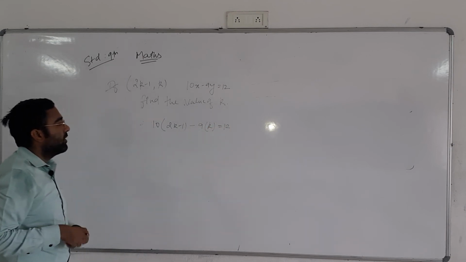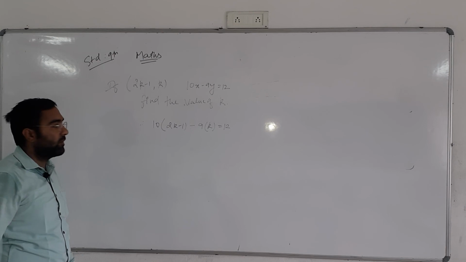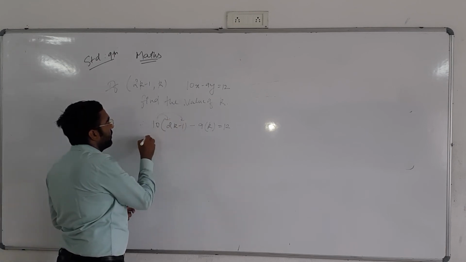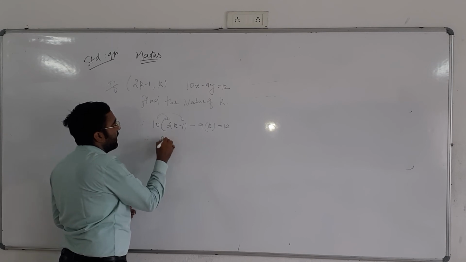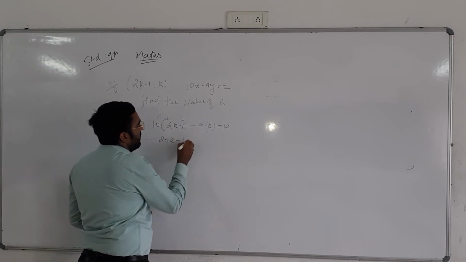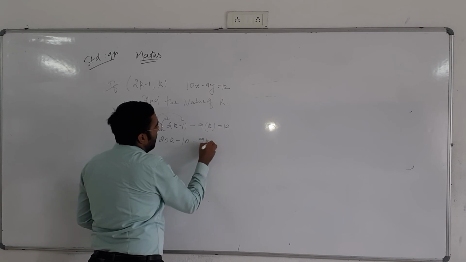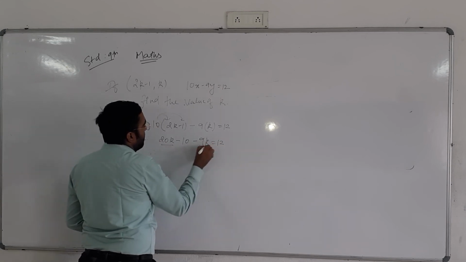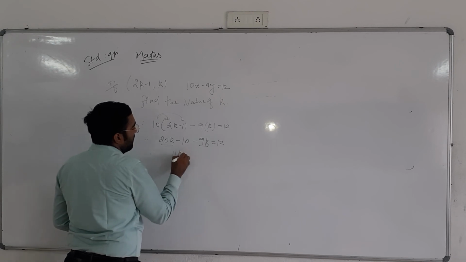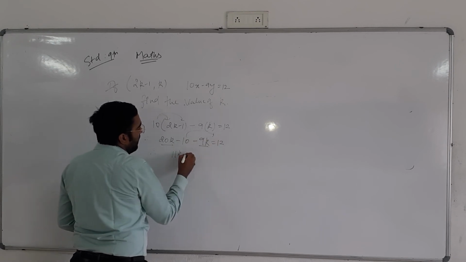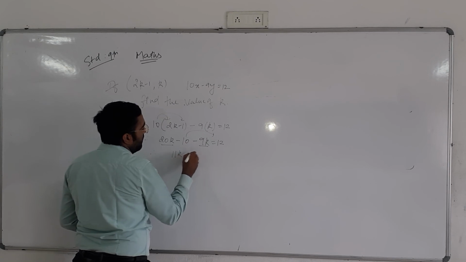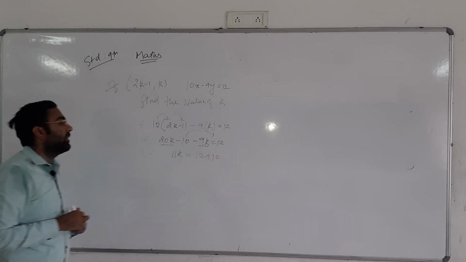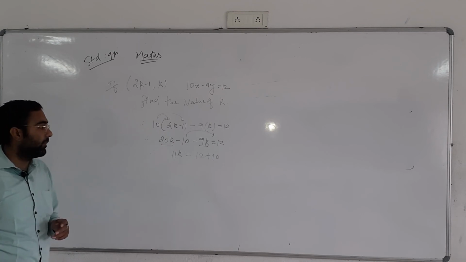Now solve this. 10 is multiplied to both 2k and 1, that is 20k minus 10 minus 9k equal to 12. Therefore 20k minus 9k is 11k, and 10 shifted to the other side gives 12 plus 10.